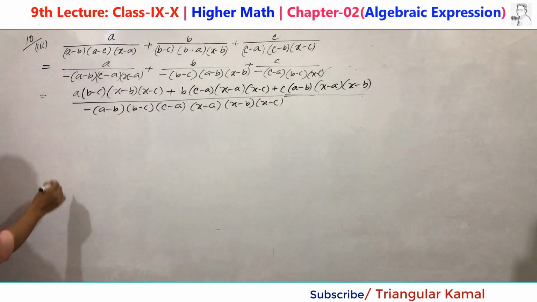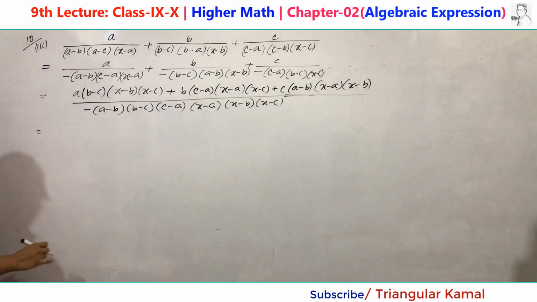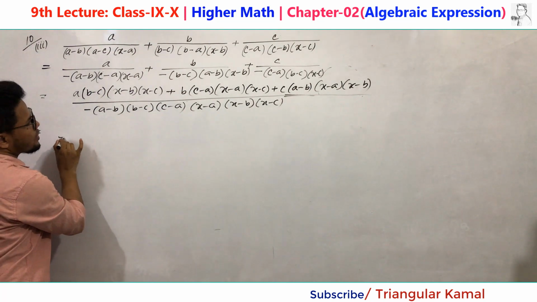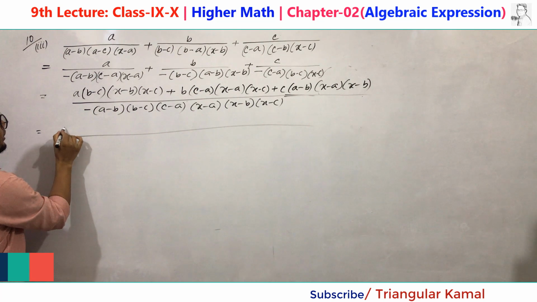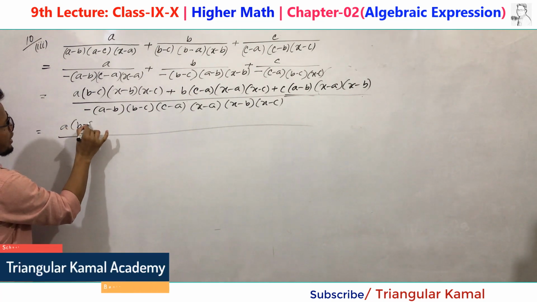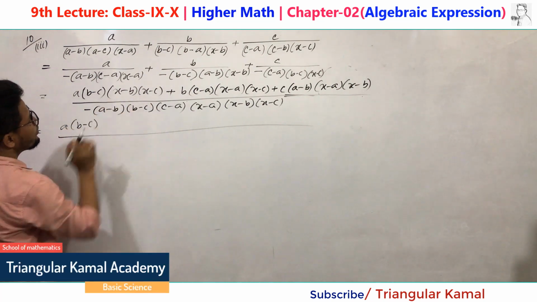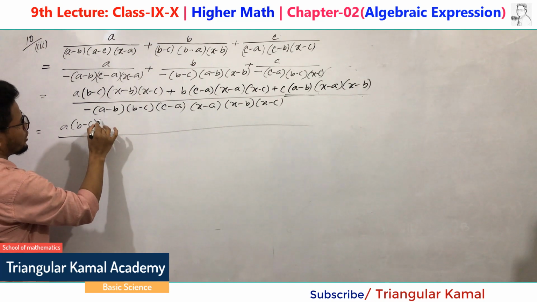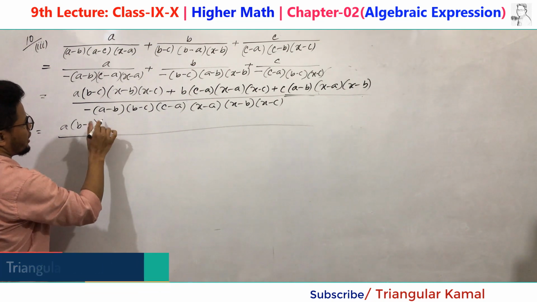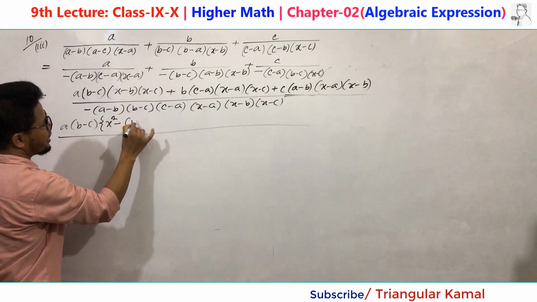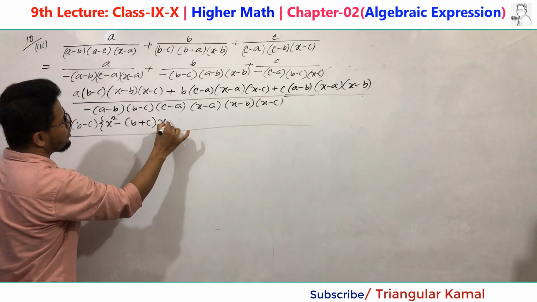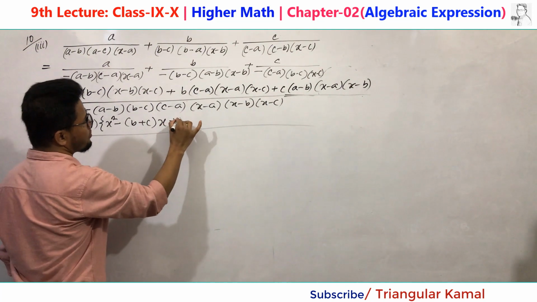Okay, now do the simple calculation here. This one will be A multiplied by B minus C, and if we multiply here, finally we will get X square minus B plus C multiplied by X plus BC.